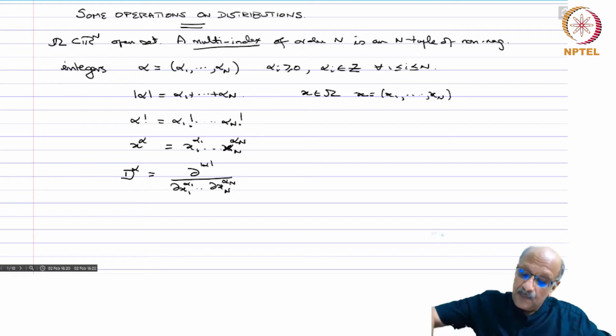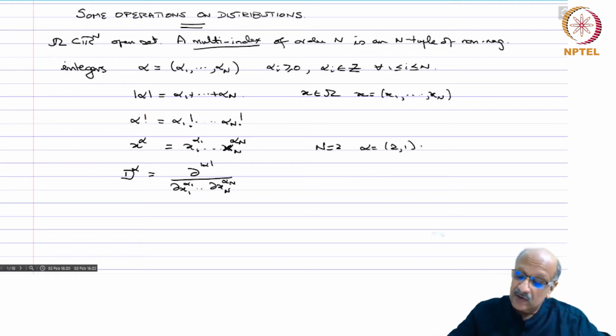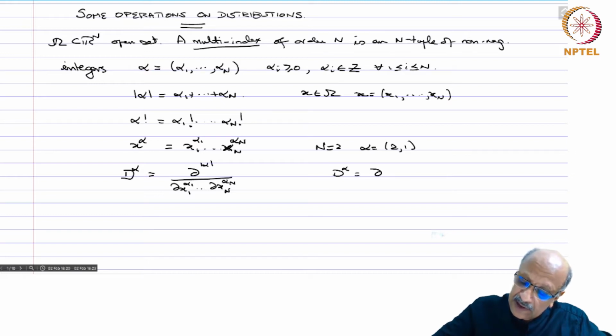For example, if you take n equals 2 and alpha equals (2, 1), a multi-index of order 3, then D alpha will be equal to d3 by dx1 squared dx2.